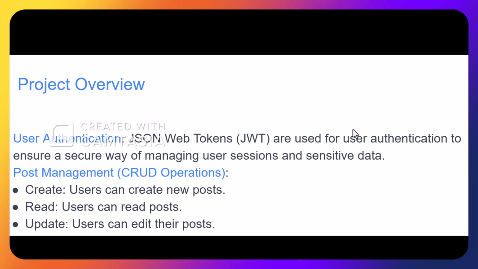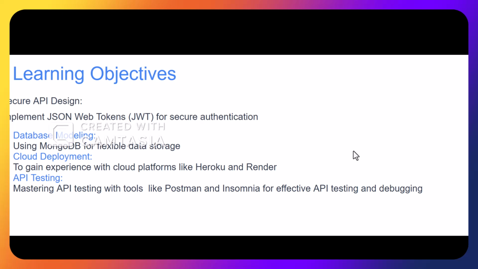Learning objectives. My primary goal is to grow as a backend developer while building this project. Here are the key learning objectives I'm aiming for. Secure API design, learning how to implement JWT-based authentication workflows. Database modeling, using MongoDB and Mongoose to build flexible, efficient database schemas.